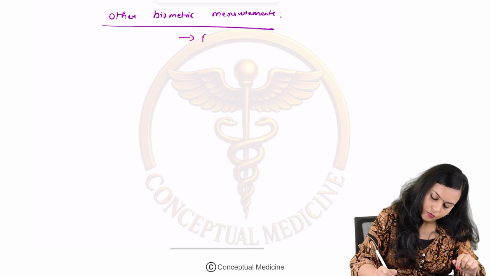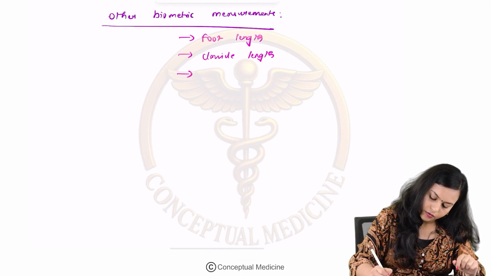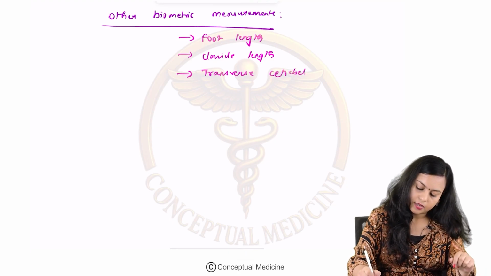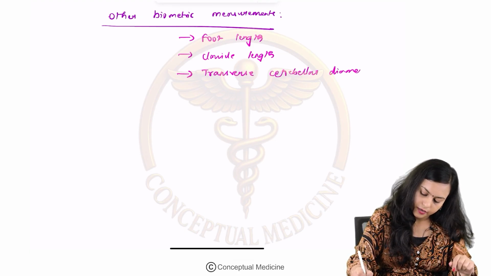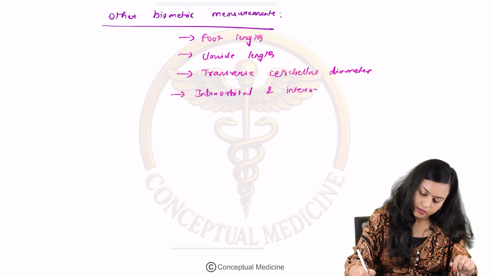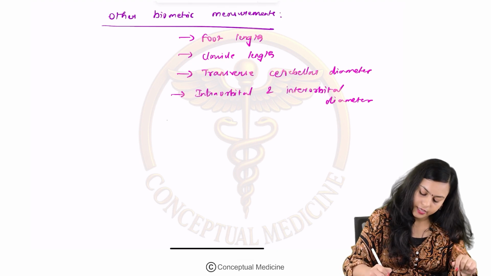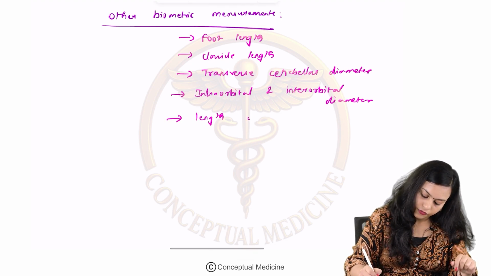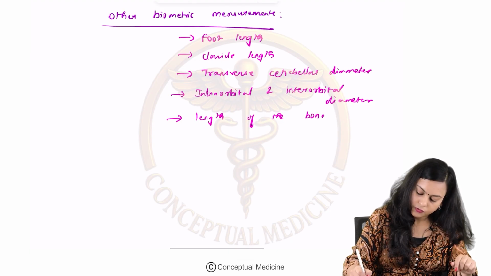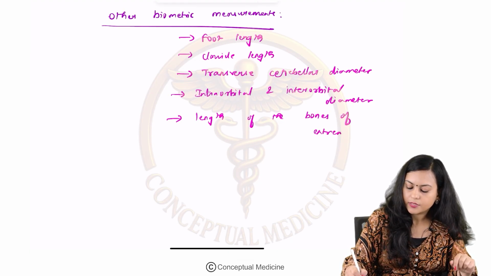We can check the foot length or the clavicle length or the transverse cerebellar diameter, the intra-orbital and inter-orbital diameter, and even the length of the bones of the extremities.